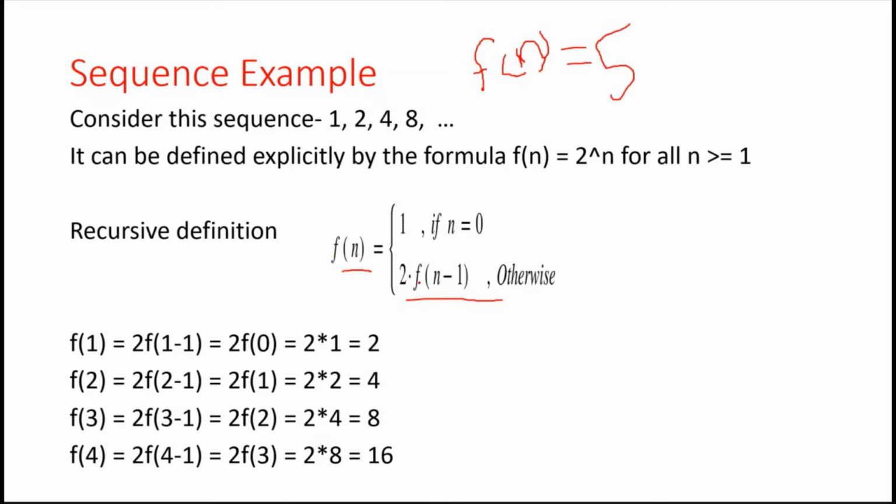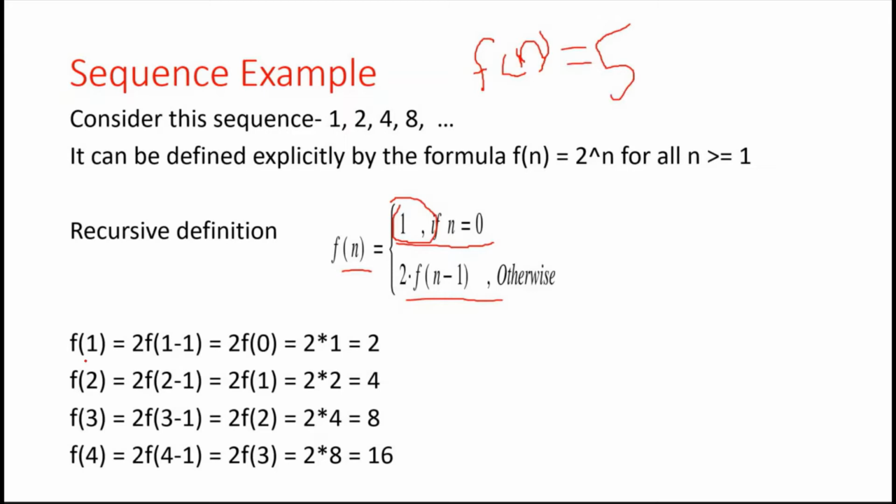And if we find f of n minus 1, it will need another function, that is f of n minus 2, and it will keep going on till the base case when n becomes 0 and our value will be 1 and 1 will be returned.